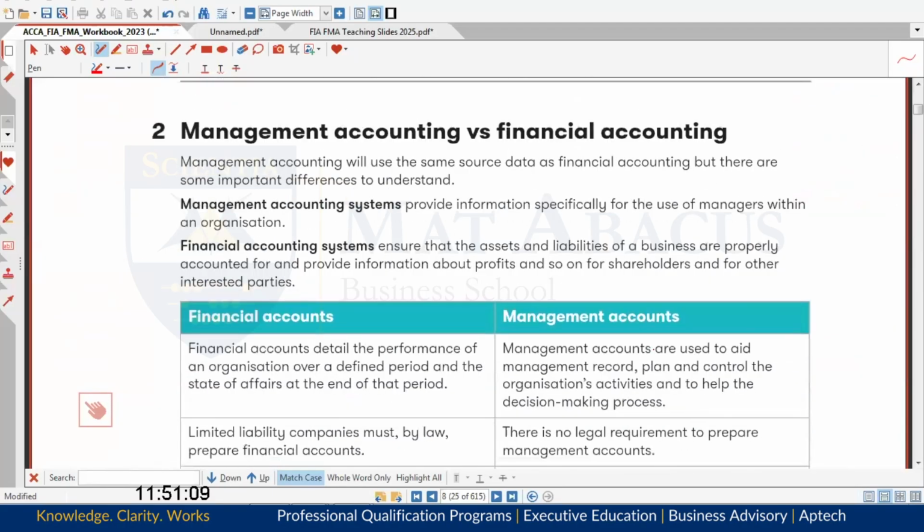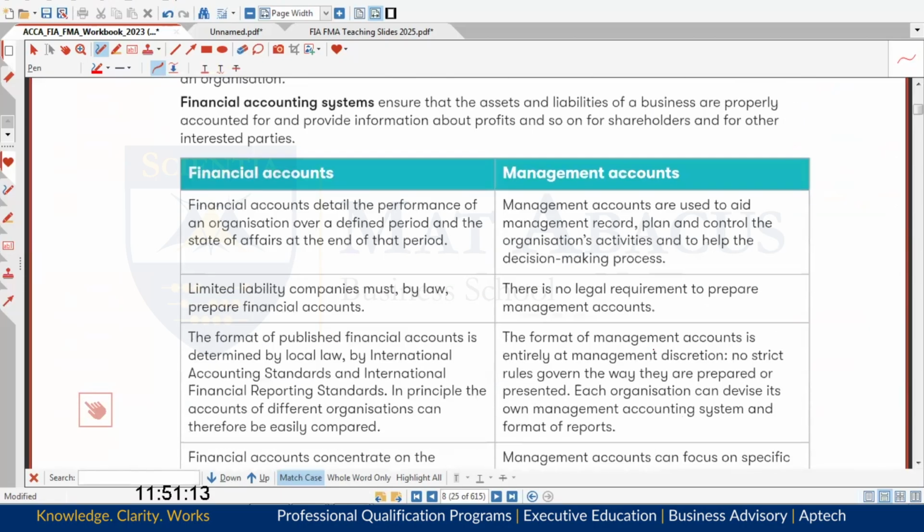Then what's the difference between management accounting and financial accounting? We talked about financial accounts. Normally, financial accounting details the performance of the organization over a defined period, okay? And normally they set an affairs at the end of the period. That's why we say it is historical.